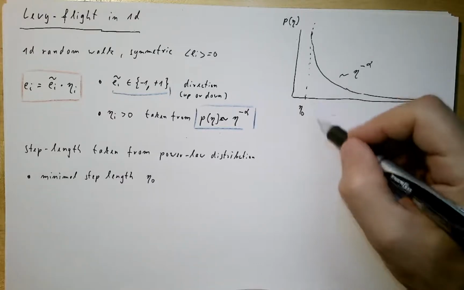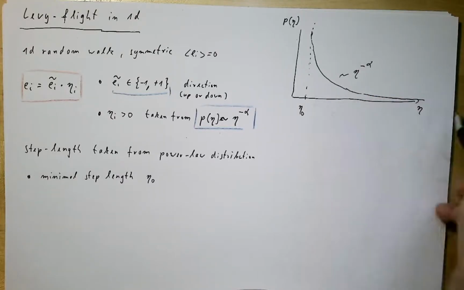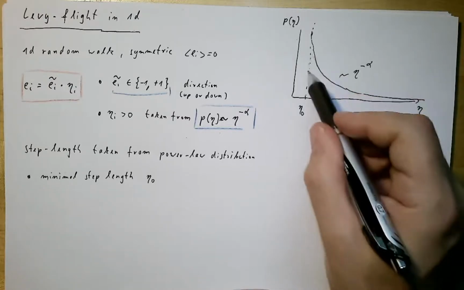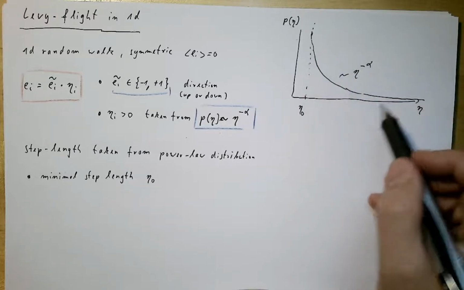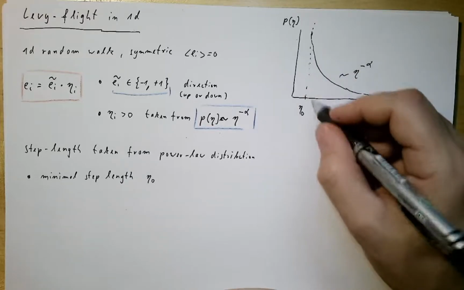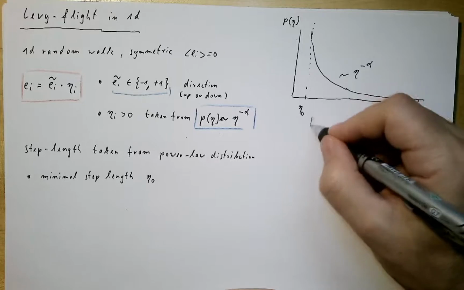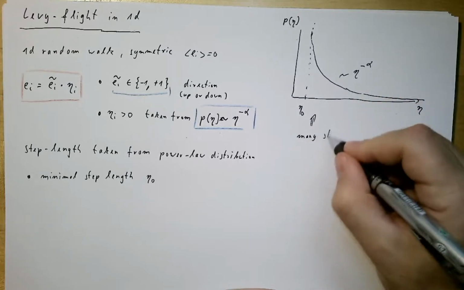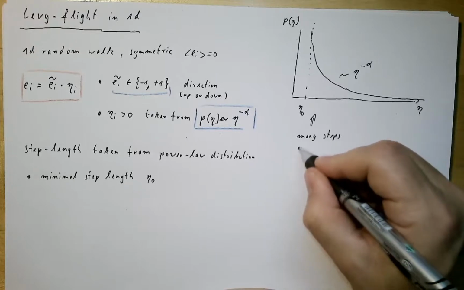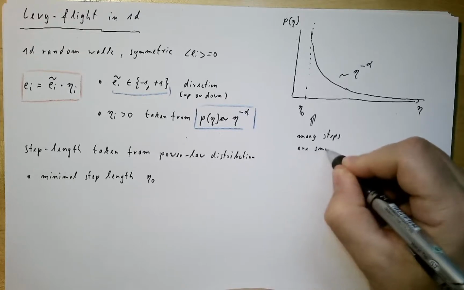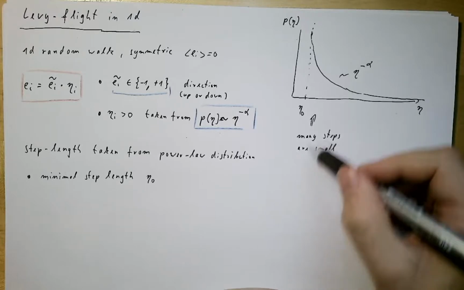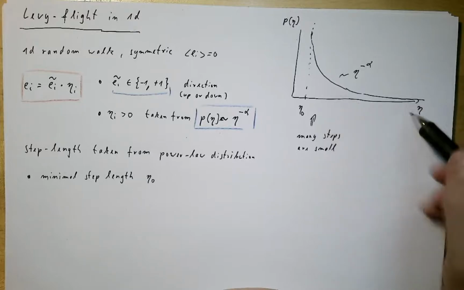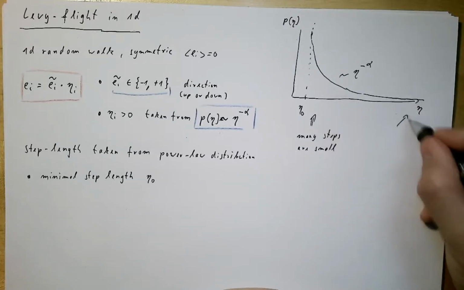If we take a random value, we will very often take a value which is small, because that's how the distribution looks. So we will often find many steps in this range here. Many steps are small, so mostly we will have small values, but sometimes we can have arbitrarily large steps.